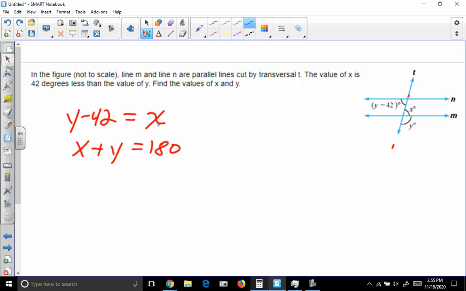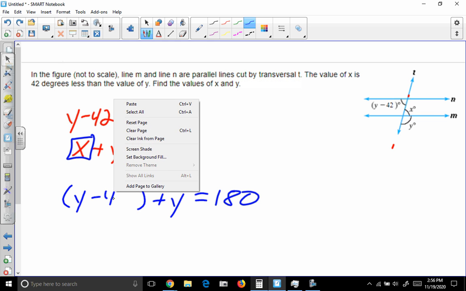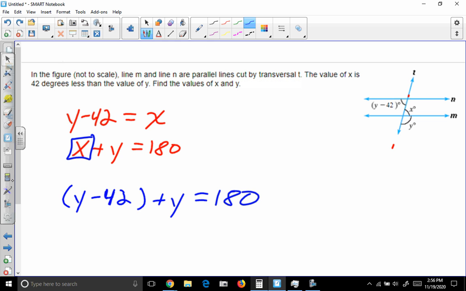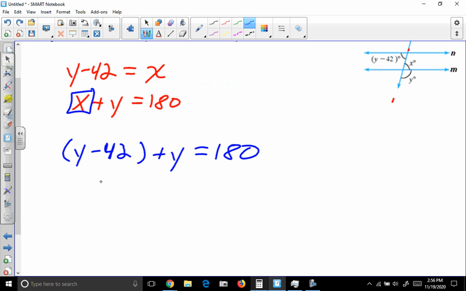Since we have this solved for x, let's use substitution. So in the other equation where we have an x, we'll replace it. So instead of putting an x here, x is also known as y minus 42. So if we combine like terms, we have a y and another y, so we have two y's on the left.